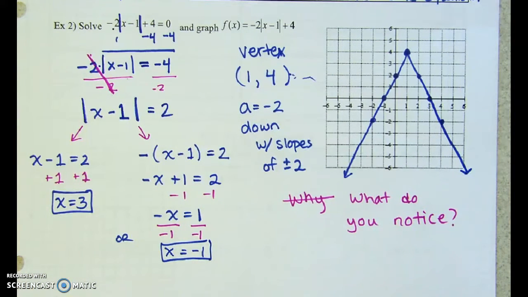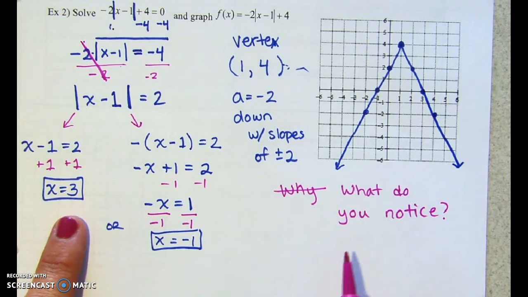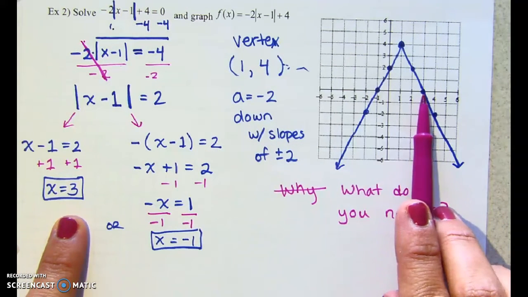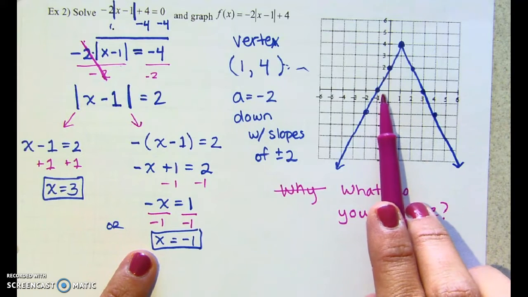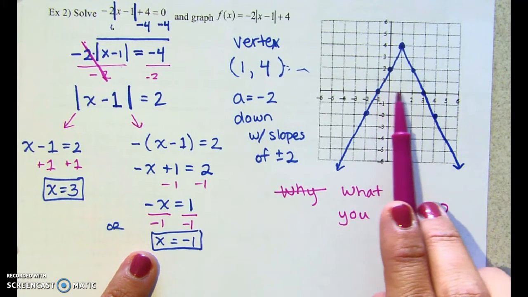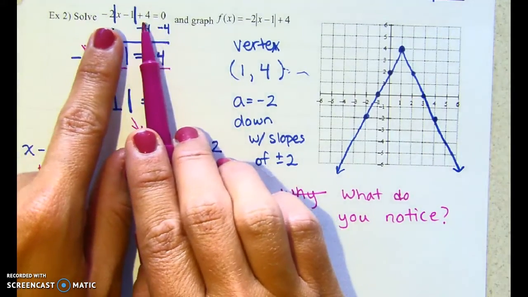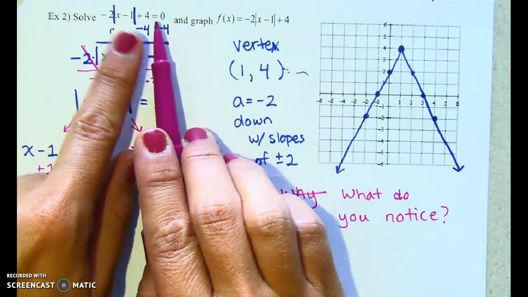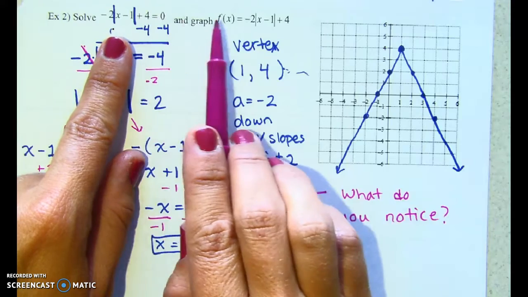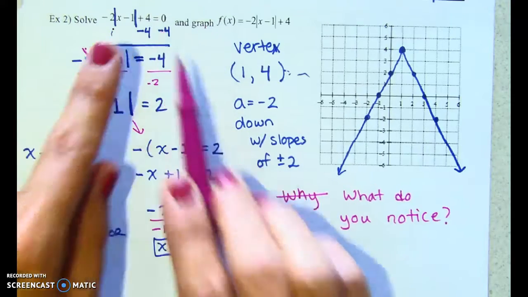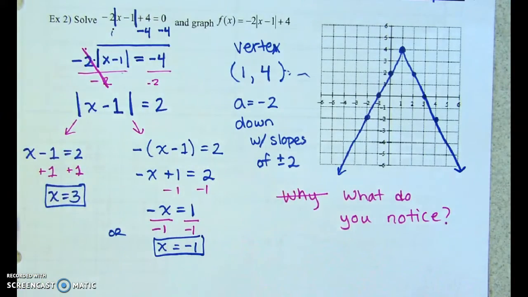Think about it. Do you notice here x equals 3 is here and x equals -1 is here? And what's the y value of those points? 0? Because look up here. This equation was equal to 0. So we said, where does f of x equal 0? We just found the zeros of the absolute value.